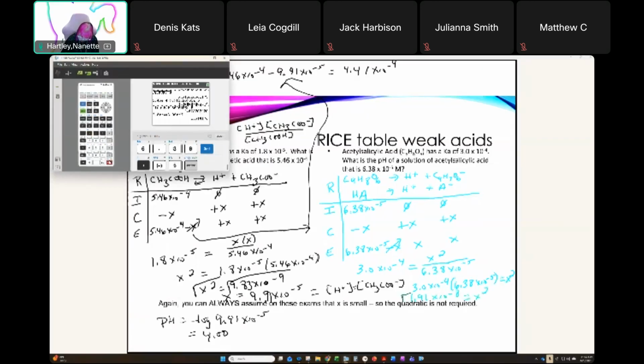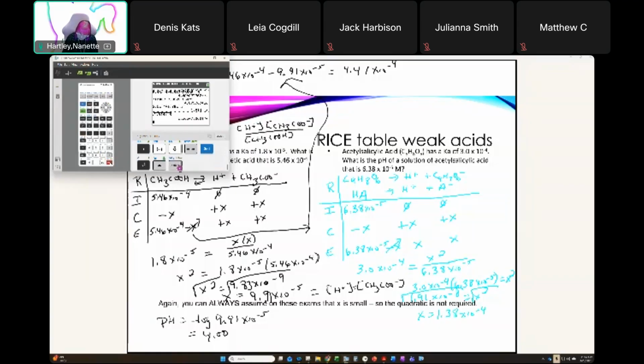Take the square root of both sides. That will give me that x is equal to 1.38 times 10 to the minus fourth.